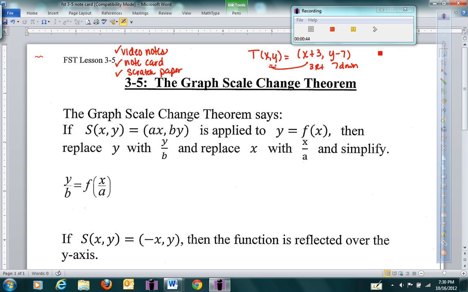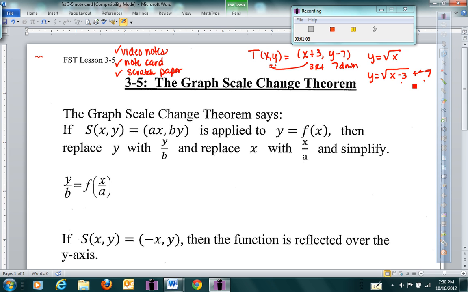And so if we applied that to the parent graph of the square root of x, inside our grouping symbol we would do the opposite of what our rule said, and then outside we would do the same, so I'll make that a negative 7, okay? So that's going to go 3 to the right and 7 down, isn't it?